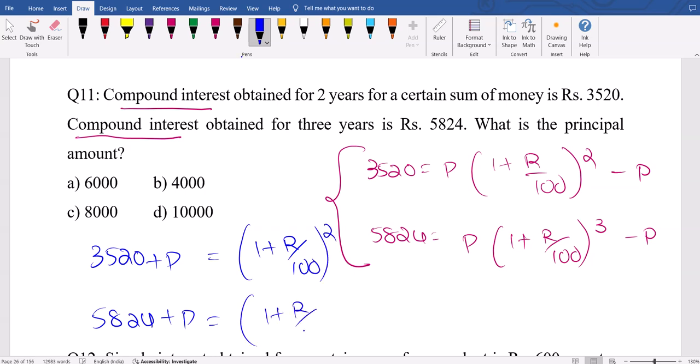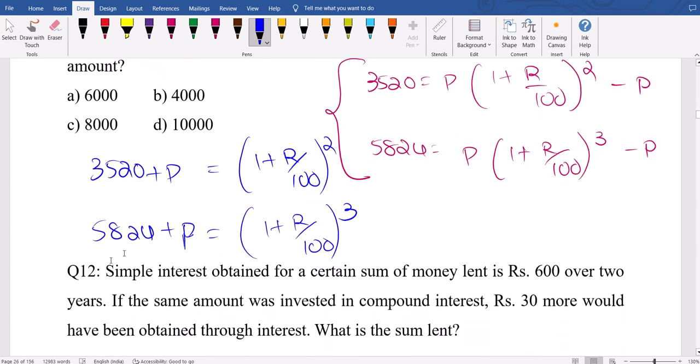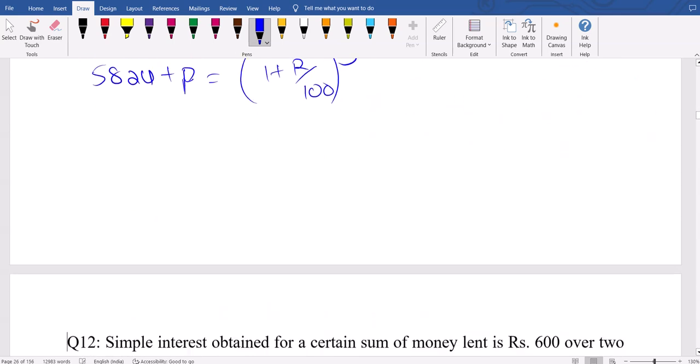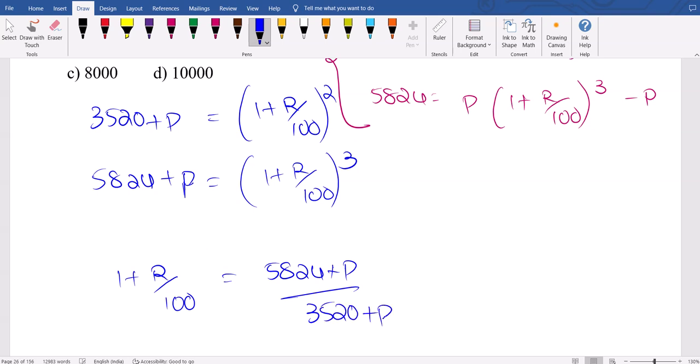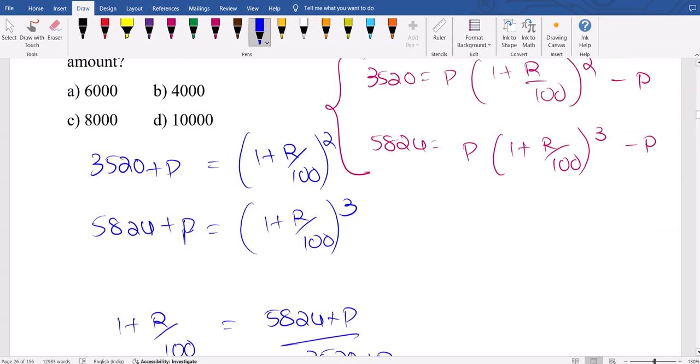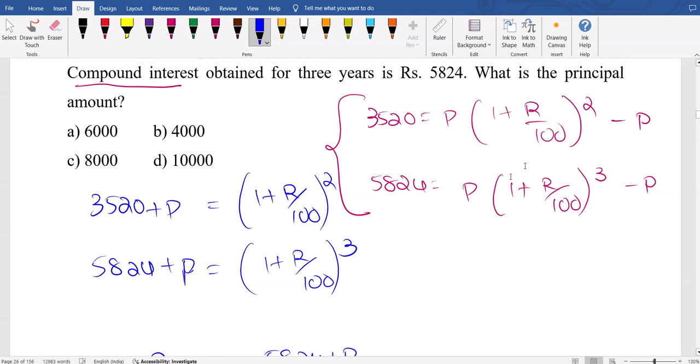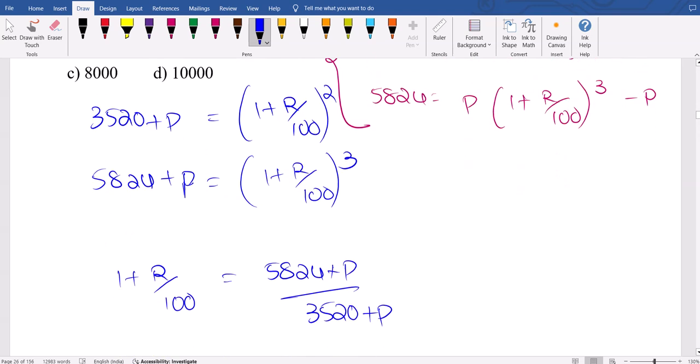Dividing these two equations, 1 plus r by 100 equals (5,824 plus P) divided by (3,520 plus P). Then substituting that in any of the equations and solving is a pretty big task.